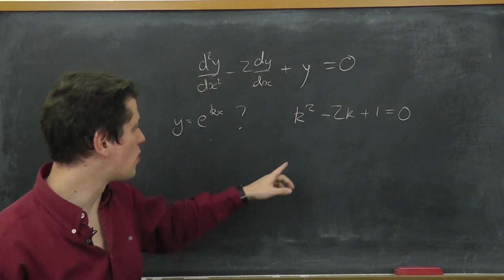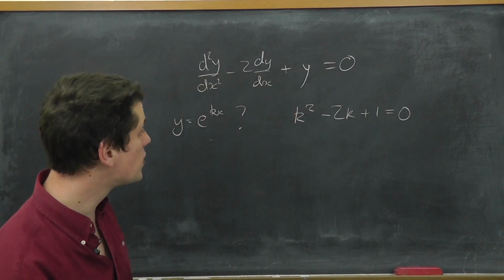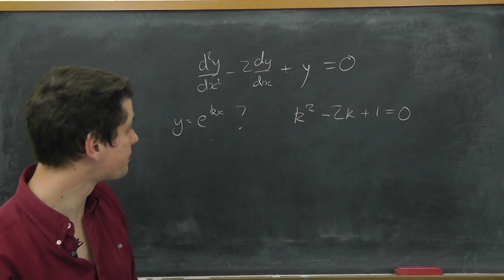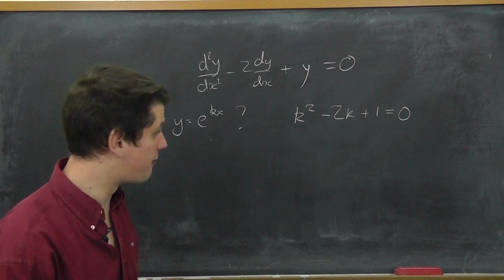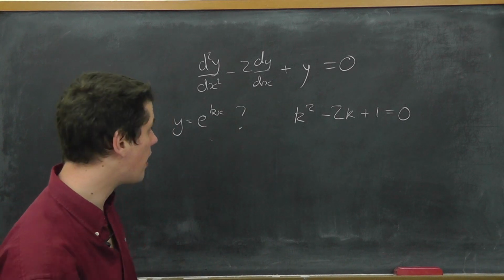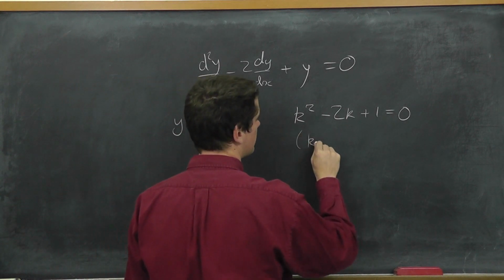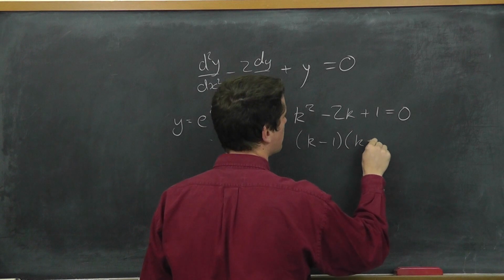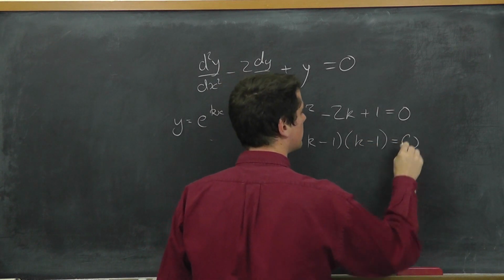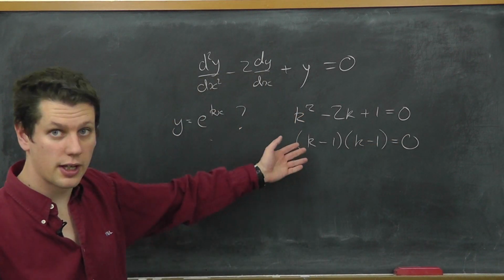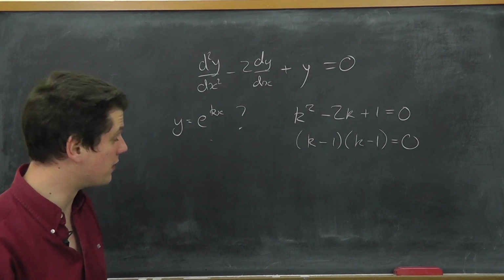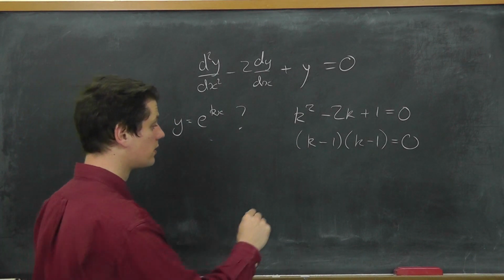So the equation we'd be trying to solve is k squared minus 2k plus 1 equals 0. Of course, this factorizes immediately. So we get k minus 1 times k minus 1 equals 0. And unfortunately, that has just one root, or if you like, the same root twice.